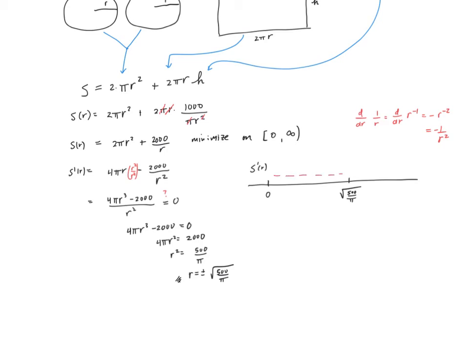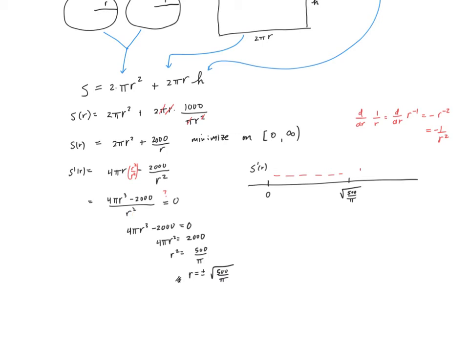And then if we substitute in something really large, think something like 100, then you would have 4 pi times 100 cubed, so that's quite large, minus 2,000. So that will be positive over 100 squared, which is positive.